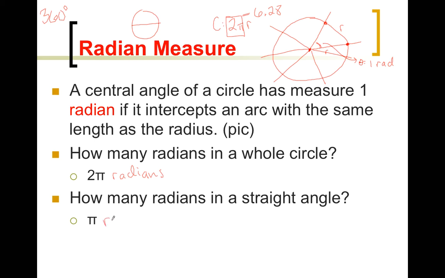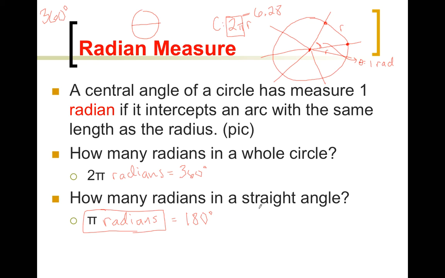This is the most important thing that we are going to start off with in Chapter 4. Pi radians is equal to 180 degrees. We could say that up here as well. 2 pi radians is equal to 360 degrees.